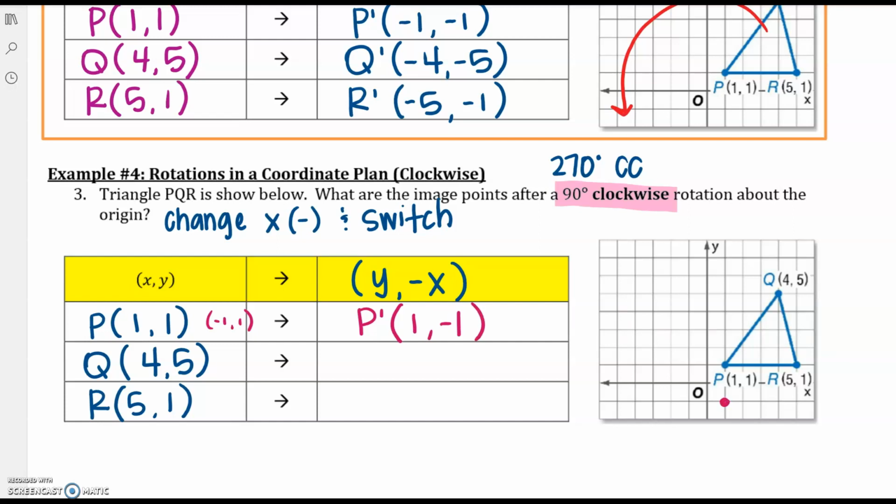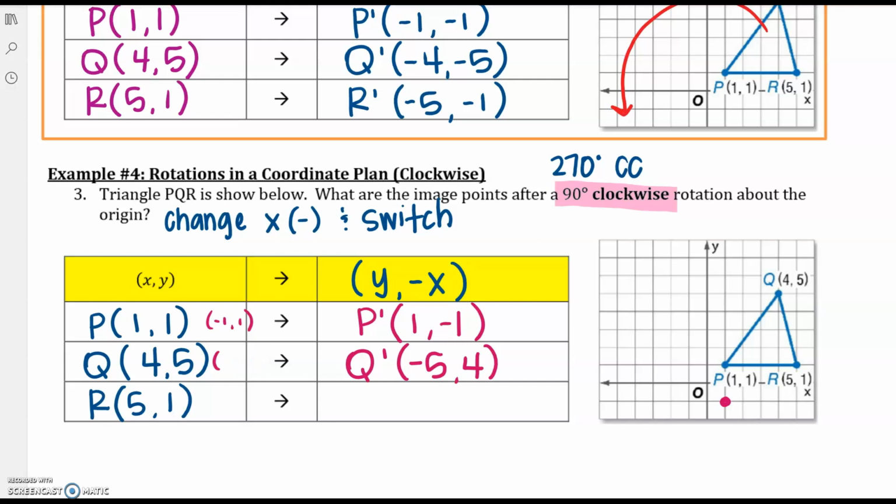Q prime is change my Y first, then flip it. -5, 4. And then my R prime, I think I did this wrong.